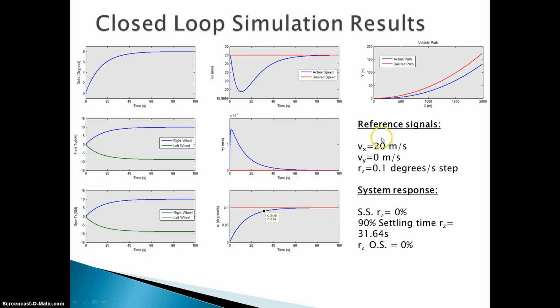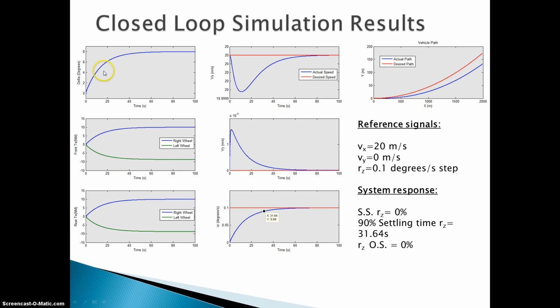We can see that overshoot is 0, steady state error is 0, and we have a settling time of 31 seconds, which is high, but that's not the main purpose of our system, and Vx is much more important to us. However, the system is still acting stable, and Vy is settling back to 0, which was our desired input.